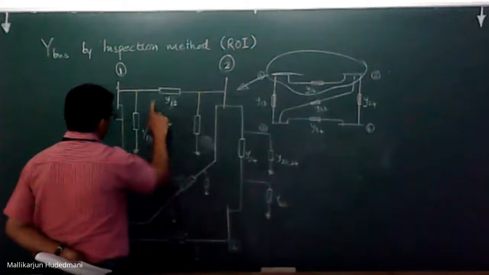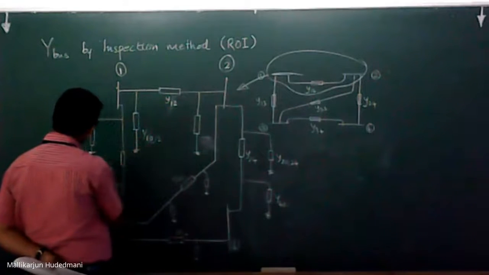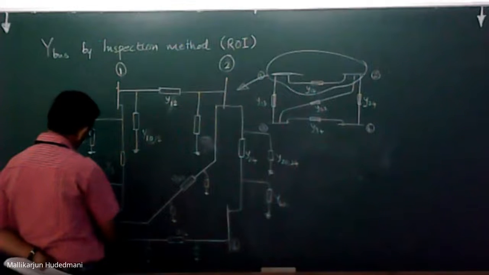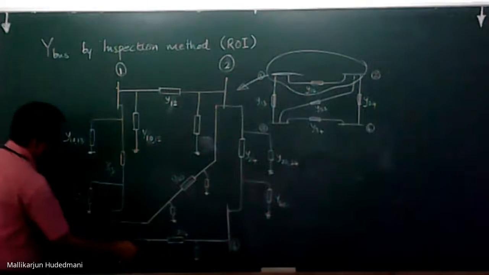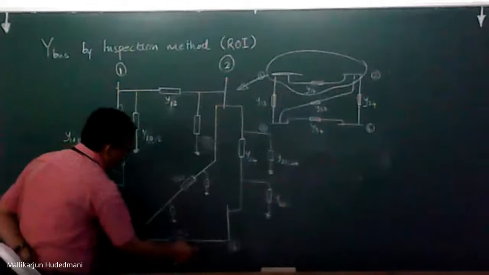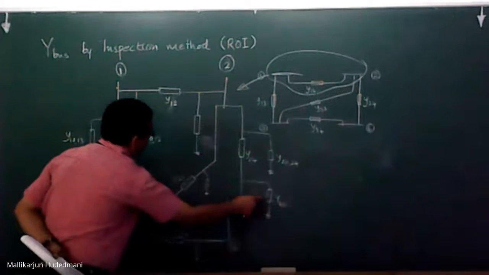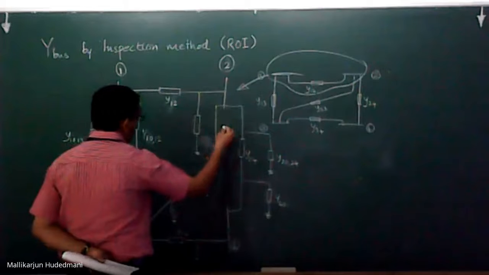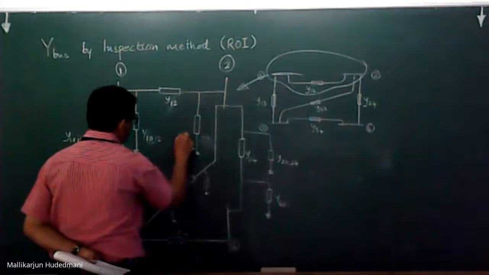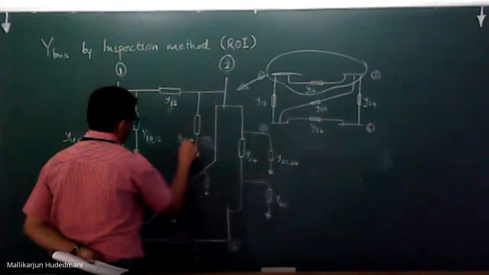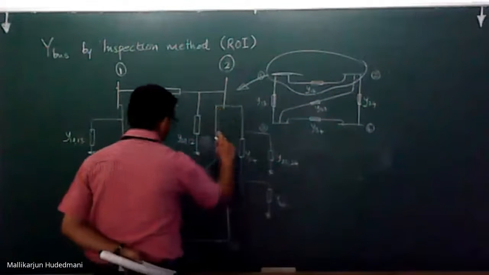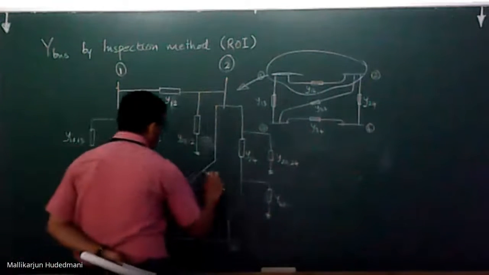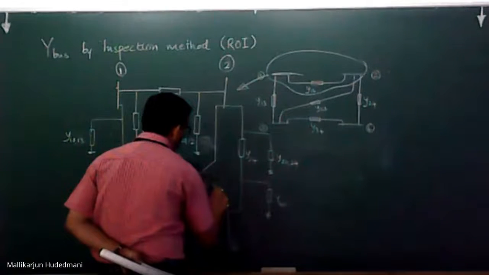Here I have Y12, Y10 12, Y10 13, Y30. You can just do that. Y30 with respect to 3. This one is 4 with 2. This I will give as Y20 12 or 21. Then this is Y23, like this, Y20 23.